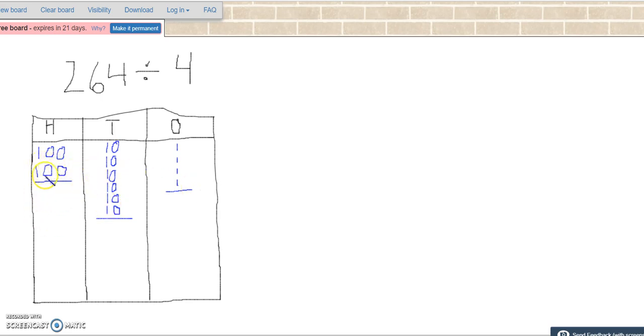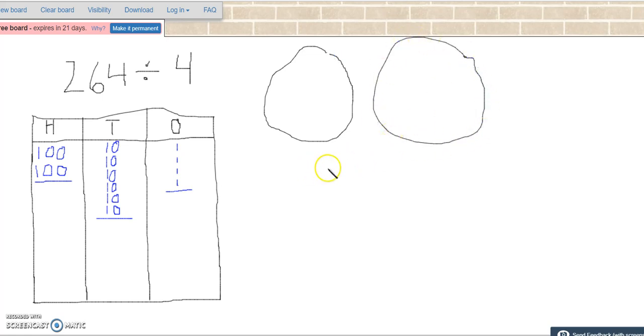We will take something that's left over, cash it in for tens, or take some tens left over, cash them in for ones, in order to divide everything out equally. Okay, so now I'm going to draw my 4 circles so that I can place my amounts inside each of my groups.